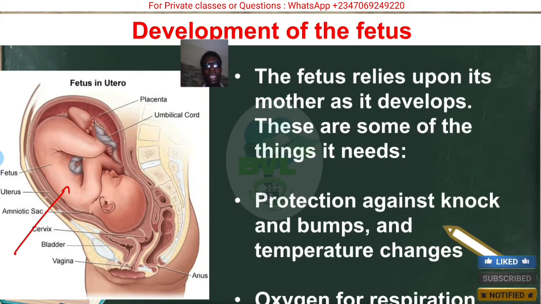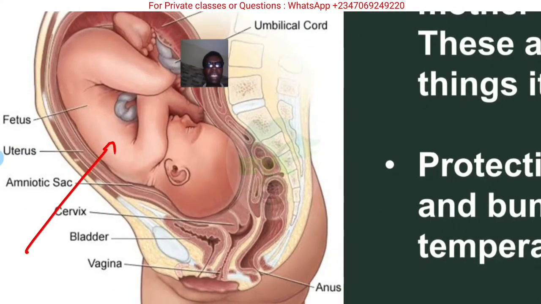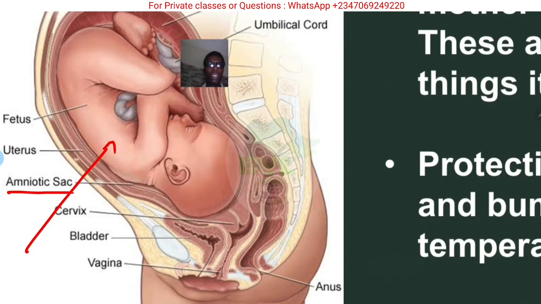How does it receive that? Majorly, there's this thing called the amniotic sac that contains amniotic fluid. That's not shown here. That fluid is what the baby is suspended in. That's when they say that a woman's water has broken. The water breaking means the wall opens, and that happens when the child is about to be born, really.